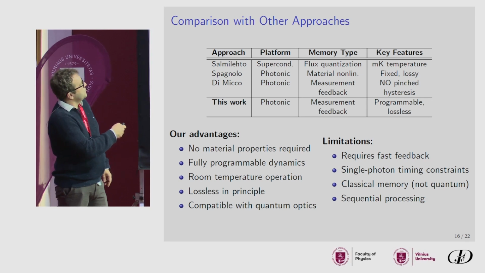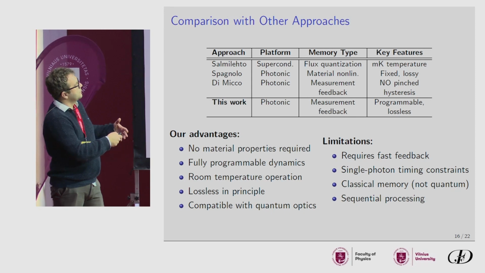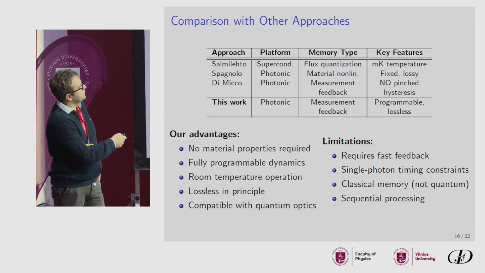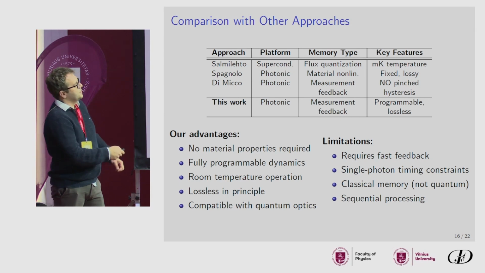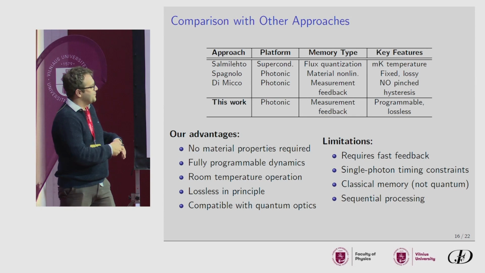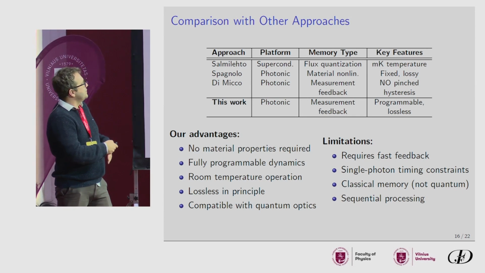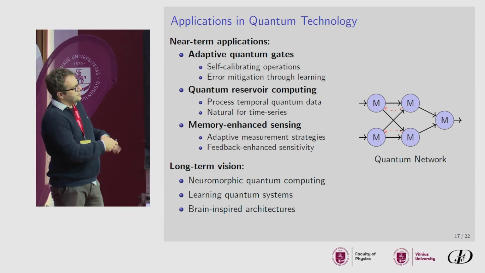Okay, so there were some previous works on quantum memory stores, and very nice. This is the most recent one. The paper has been on arXiv since March, but there is still no pinched hysteresis. This is just the loop that I tried to convince you is not enough to say that it's a quantum memory store. Okay, and there are some advantages in our proposal. And I think that this is a very interesting topic.